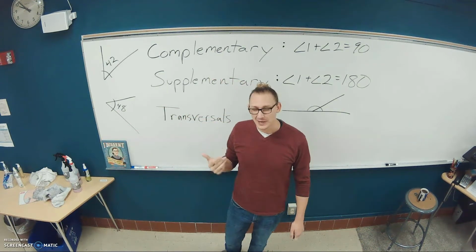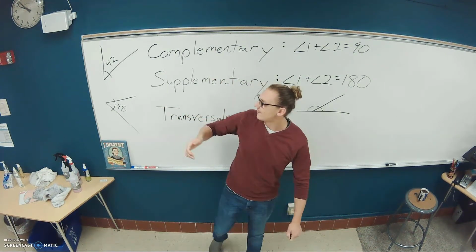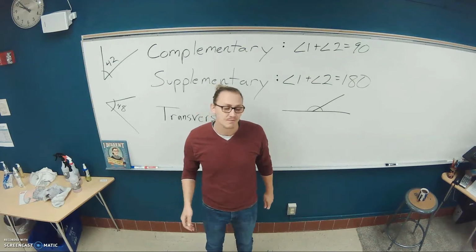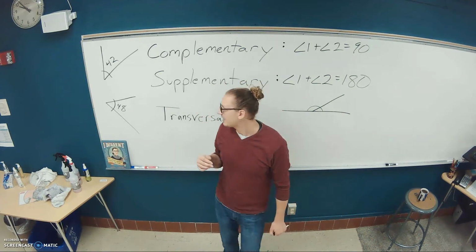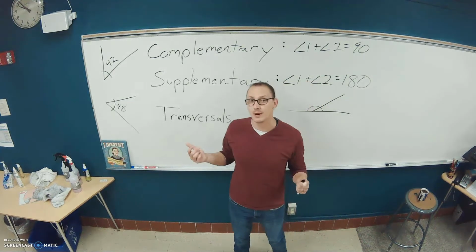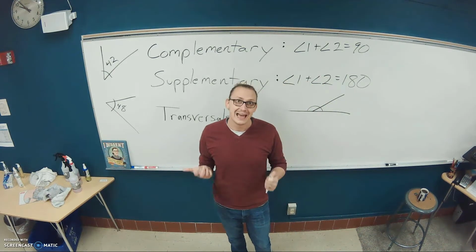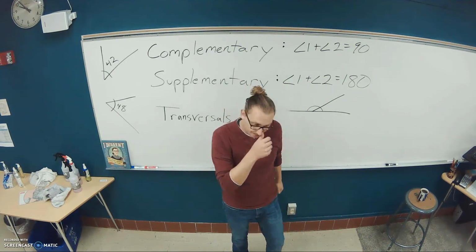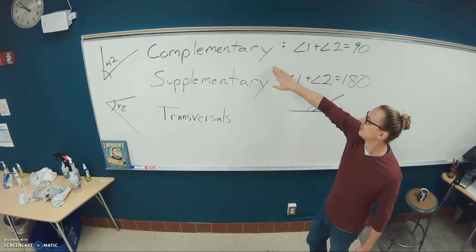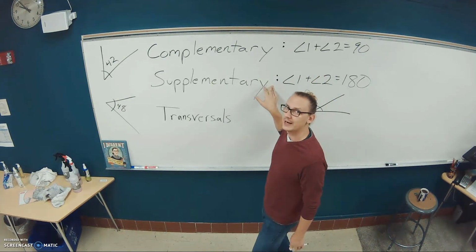Now, it's really infrequent that we're going to have angles like this that are super far away and just hanging out in space. But there are some cases, especially when we get into some transversal things, where they're not going to be right next to each other, so it's not going to be as easy to tell what's going on. Okay? So complementary is 90, supplementary is 180.